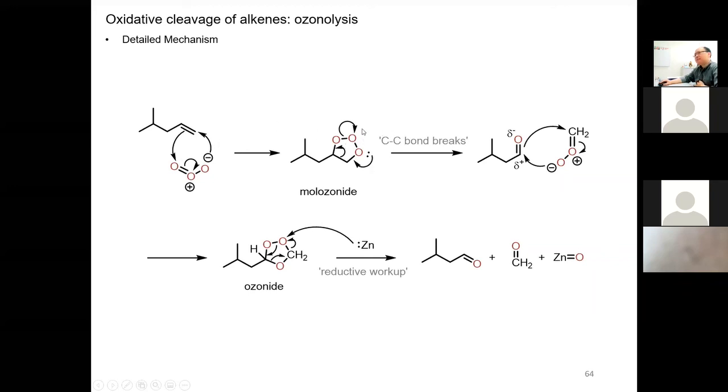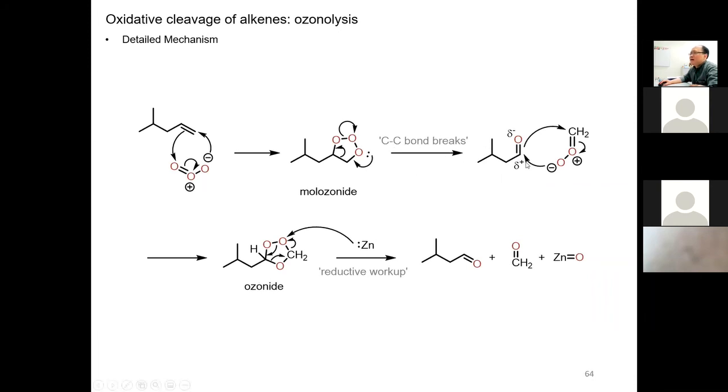All right, then the second step is that the CC bond breaks. This oxygen gives electrons to here, and now this bond breaks. This used to be the olefin. This bond breaks to form a CO double bond and break this OO single bond, to give these 2. Now the second cyclization, different from the first one, generates the ozonide.